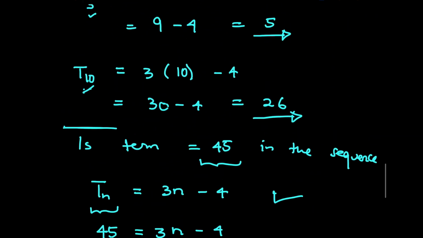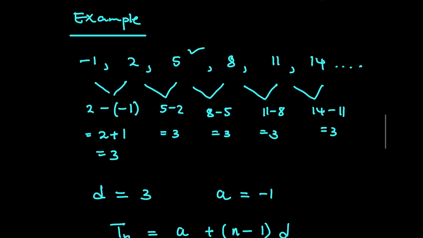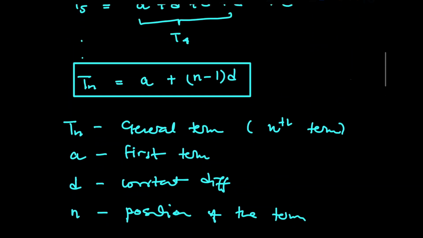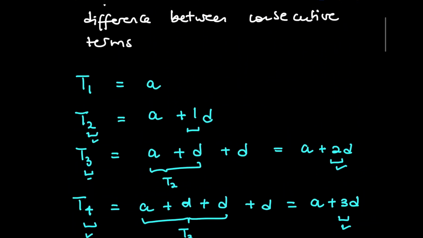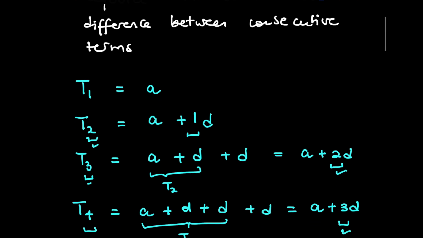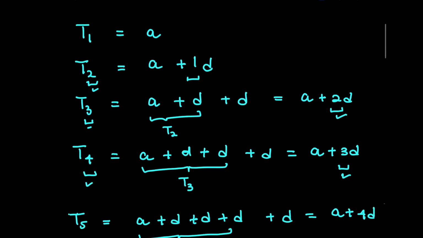Okay guys, let me just do a final recap. Arithmetic sequences are sequences where you've got a constant difference between consecutive terms. In other words, to get the next term, you need to add a constant value, and that constant value is d.